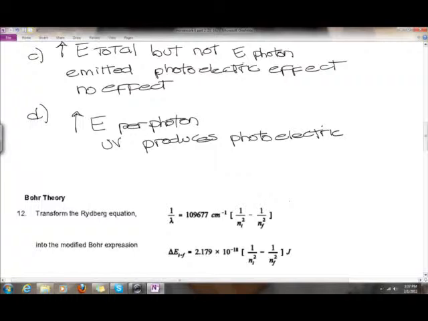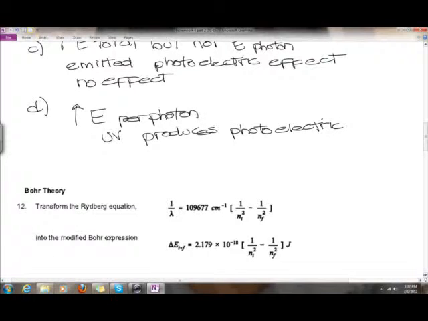If an electron absorbs that quantum and that energy is increased, it has to be transformed, because it's not emitted. It's not increasing the total energy emitted, it's just increasing the energy per photon. So that would be transformed into kinetic energy, and the electron would move at a higher speed.